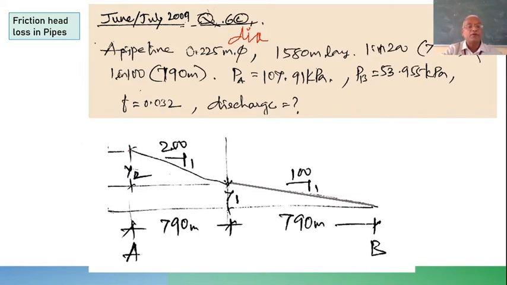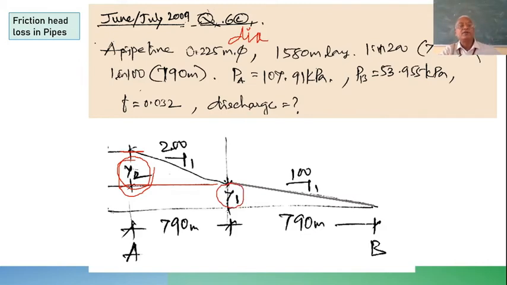The fall from this level to this level, I have represented as y2. I don't know why I have called it y2. Anyway, this is y2. Now from there, with a slope of 1 in 100, another 790, the fall is y1. Okay.